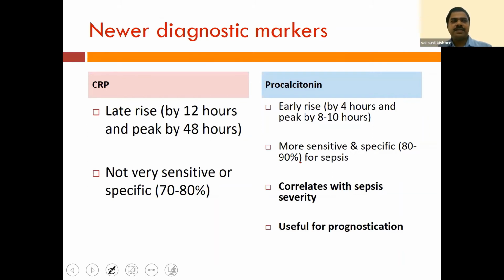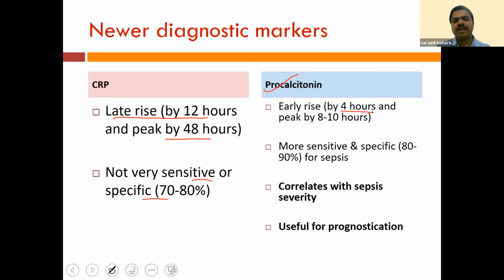And just a comparison between CRP and PCT. CRP, whenever the baby is having sepsis, has a late rise as compared to PCT. It will start rising after 12 to 24 hours, and it peaks by 48 hours. And it is not very sensitive or specific, as we discussed in the previous slides. But for PCT, the rise will be early, after the endotoxin enters the blood from bacteria.